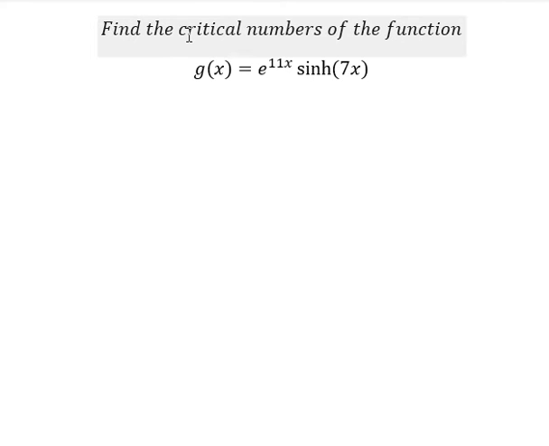Before we calculate critical values or critical numbers, we need to first find the first derivative of the function g of x. So we need to do the first derivative of this one.